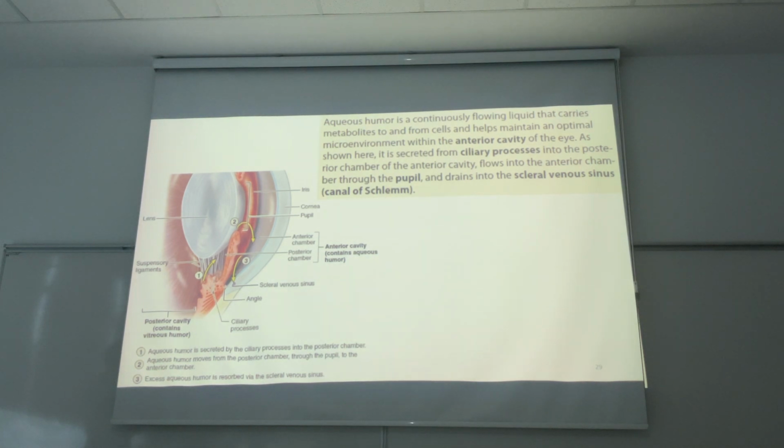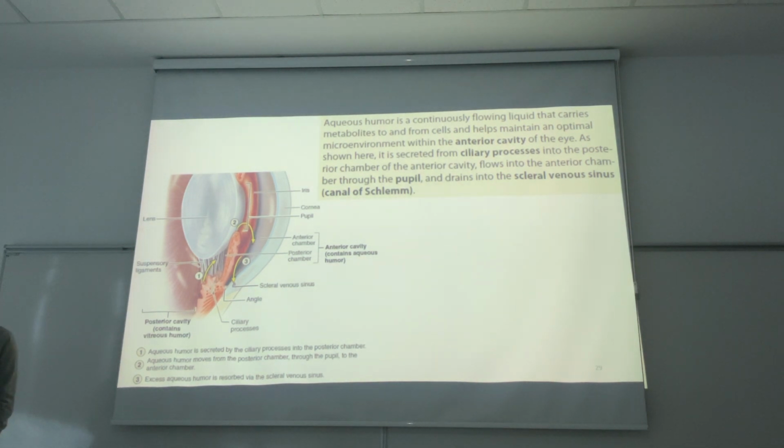And the posterior side of the iris is covered with epithelial cells like the ciliary process epithelium. But here we have a difference between the ciliary process epithelium and the iris epithelium.